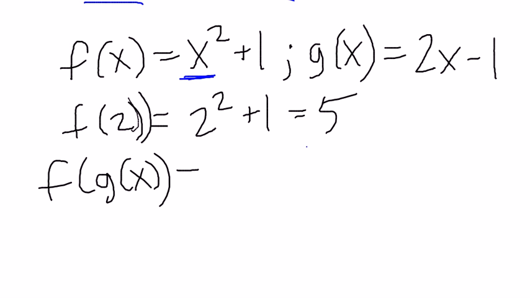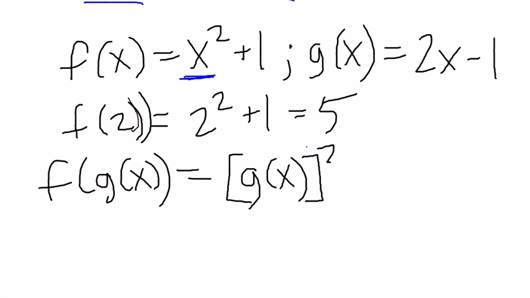I'll put in g of x squared. So I replaced my x squared with g of x, plus 1. So I've got the same function here and here, just instead of x, I have g of x.